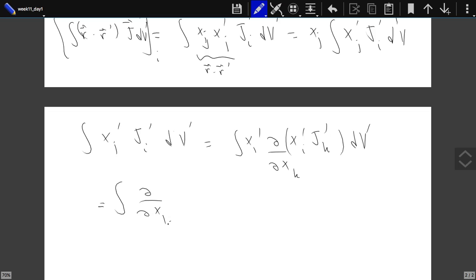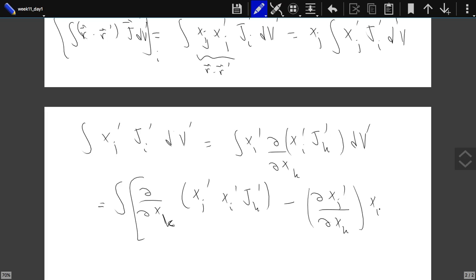Now I can write this as del over del x_k of x_j prime x_i prime j_k prime, minus, the integral is outside, minus the derivative of x_j prime by del x_k times x_i prime j_k prime.